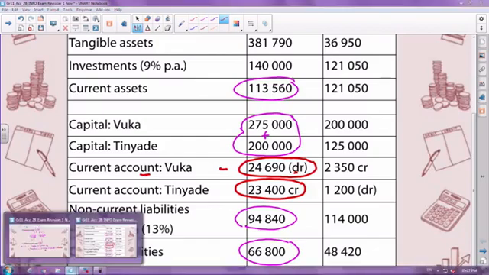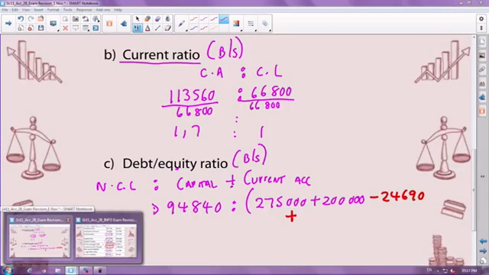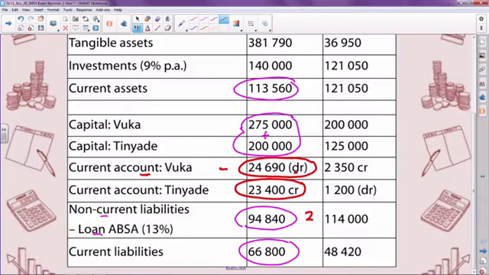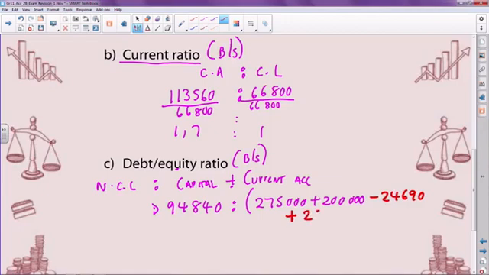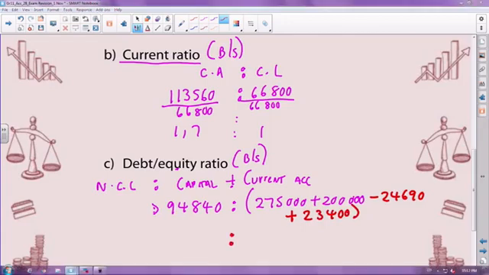Let's try that one more time. 23,400. Okay, right, let's quickly get the calculator out and complete this calculation. Shouldn't be that long.